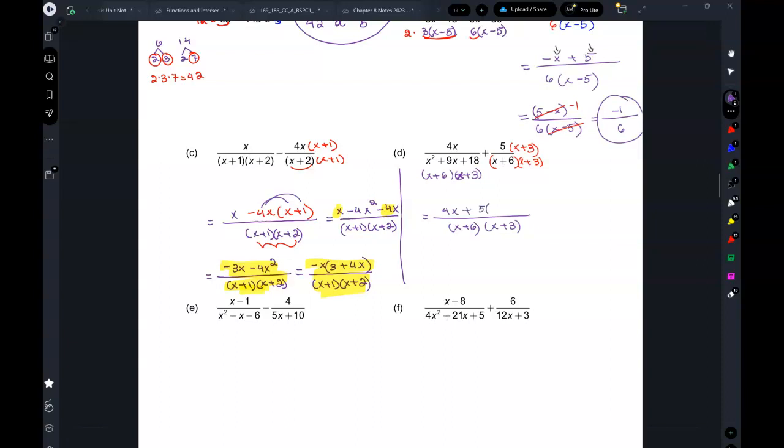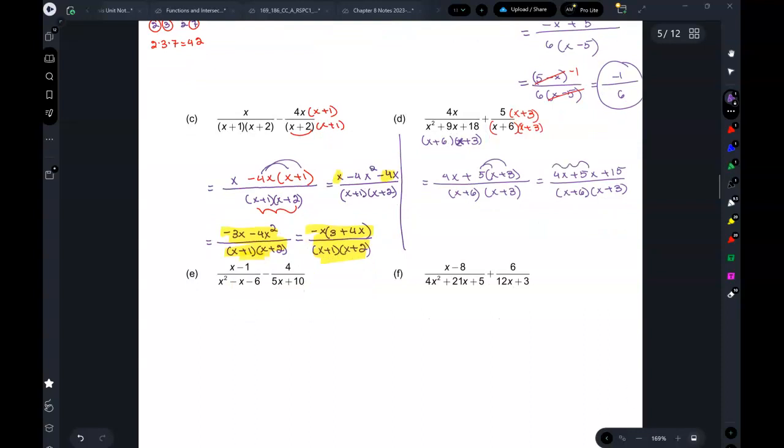4x plus 5, x plus 3. Okay, let's see. Distribute the 5. I have 4x plus 5x plus 15 over x plus 6, x plus 3. Next, combine these two: 9x plus 15 over x plus 6, x plus 3.